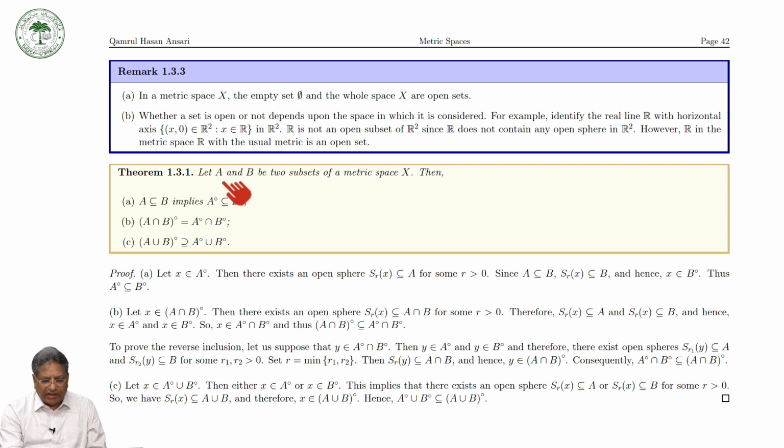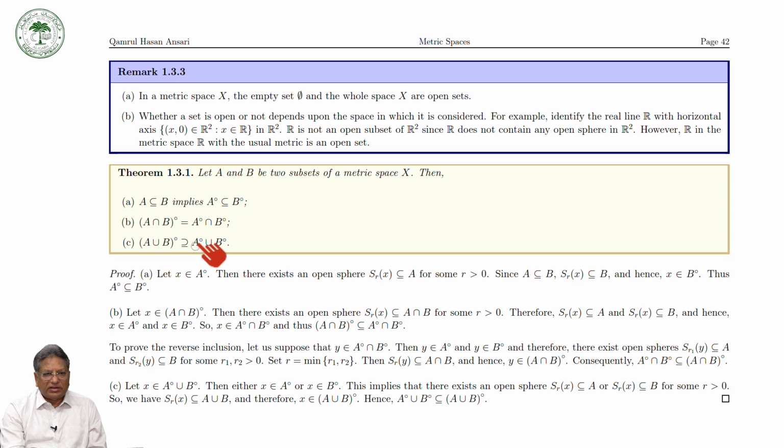So suppose A and B are two subsets of a metric space X. Then, if A is a subset of B, then interior of A is a subset of interior of B. Interior of A intersection B is equal to interior of A intersection interior of B. The C part is that the interior of A union interior of B is a subset of interior of A union B. But the other way does not hold.